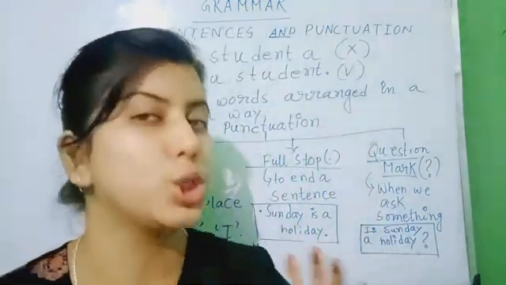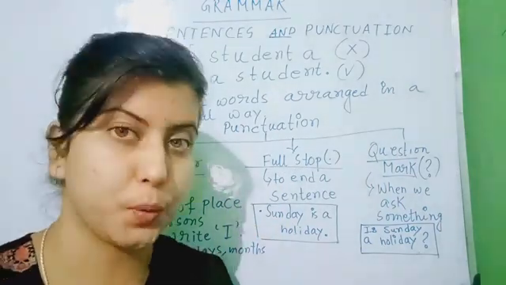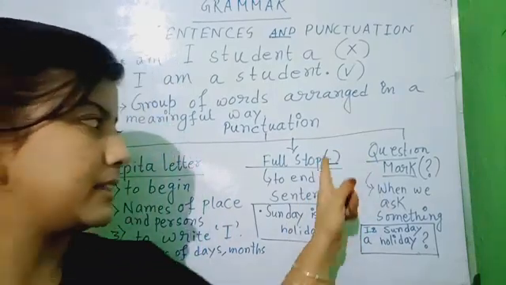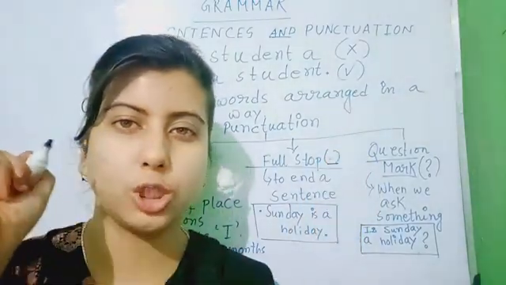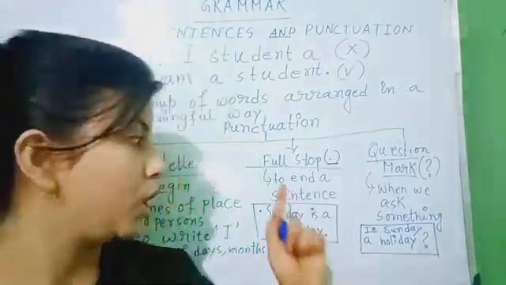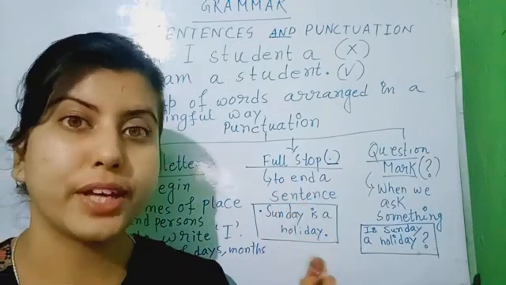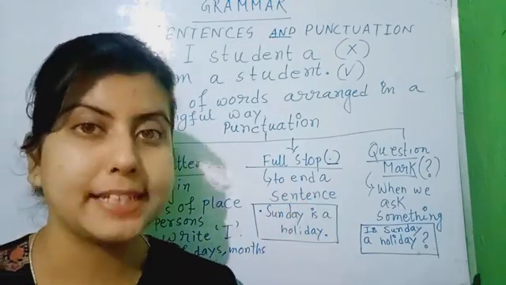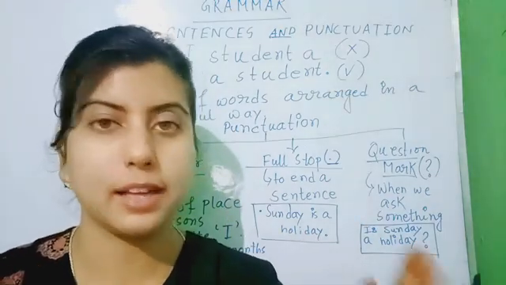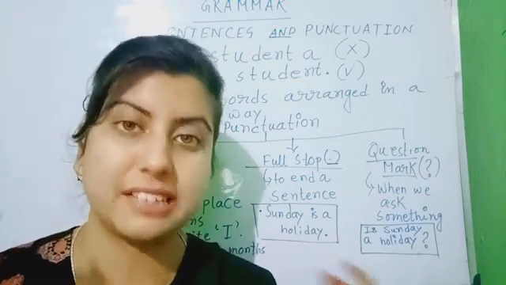Now we will talk about the next rule, that is to use full stop. Full stop looks like this. This is just a small dot. We use full stop to end a sentence when I am done. Suppose I am saying, Kolkata is a beautiful city.